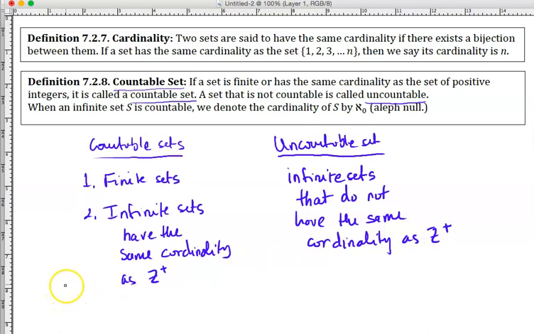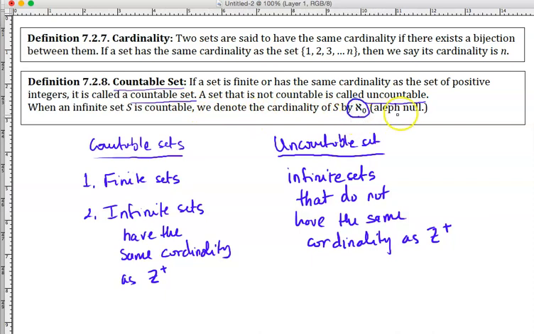Okay. All right, so the next bit here is going to help us figure out how you check that a set has the same cardinality as the set of positive integers. And it's typically through forming a bijection. Can I form a bijection between my set and the set of positive integers? And then that will show that they have the same cardinality. So another concept here, or notation: when an infinite set is countable, we denote the cardinality by this symbol right here.